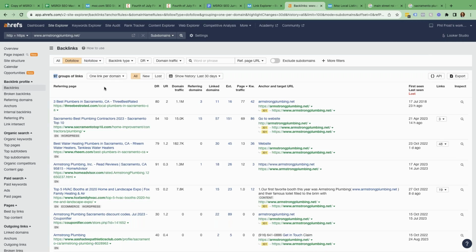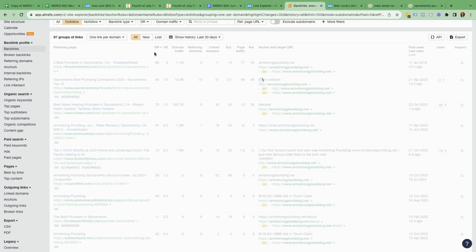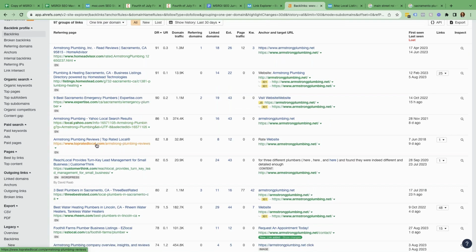And so I'd be looking here and I'd say, oh, look, let's actually sort them by domain. Ahrefs calls it domain rating. It's similar to domain authority, but it's not the exact same, a similar idea. So obviously we see they're listed in Home Advisor, Homestead, Expertise, Local.Yahoo, Top Rated Local.